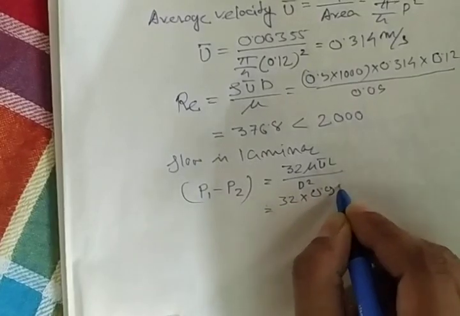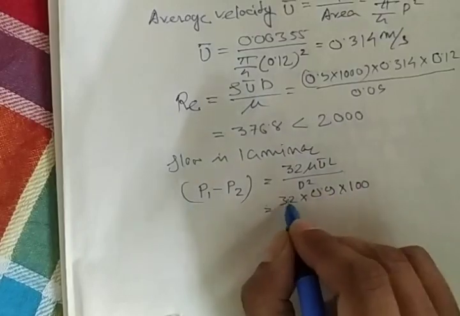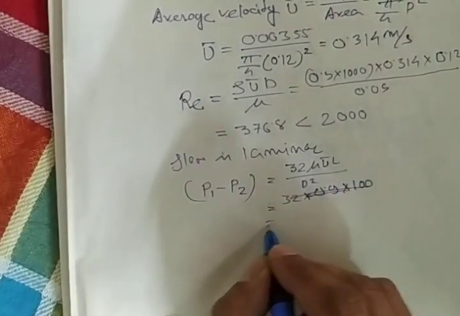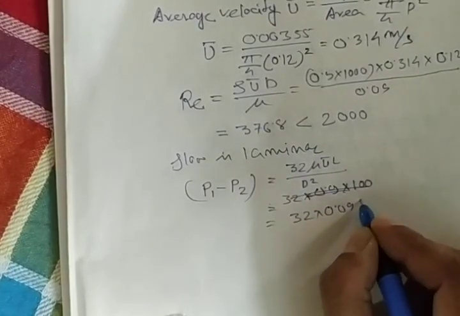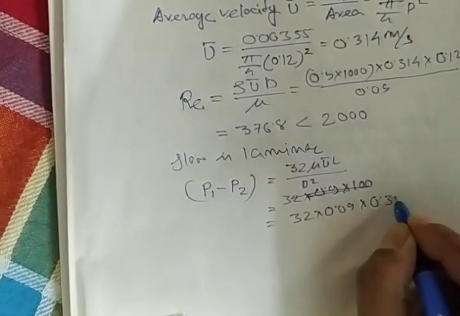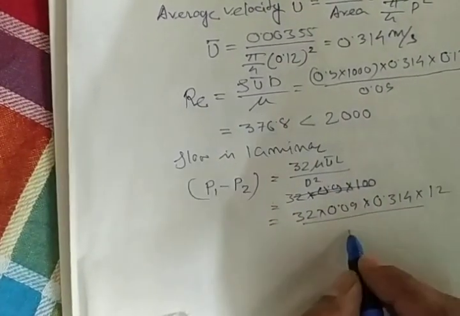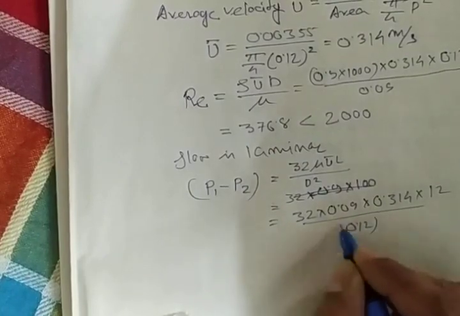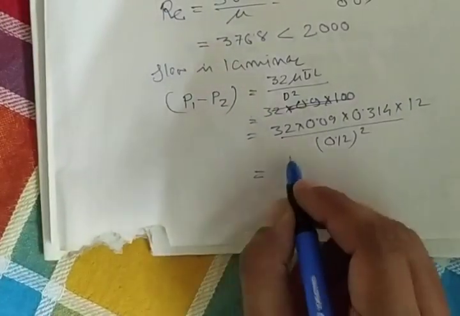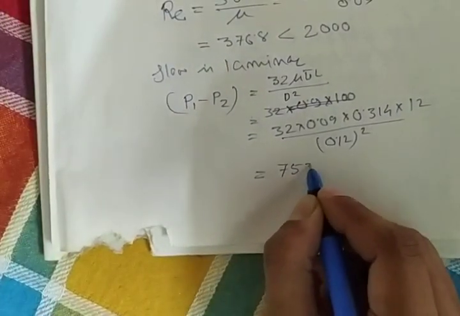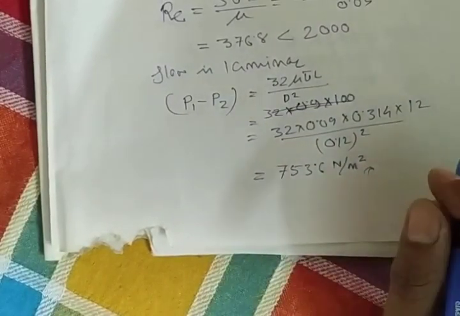This is equal to 32 into 0.09 into 0.314 into length 12, divided by d square, where d square is 0.12 square. And if you solve the problem, you will get 753.6 Newton per meter square. So this is the solution. Thank you.